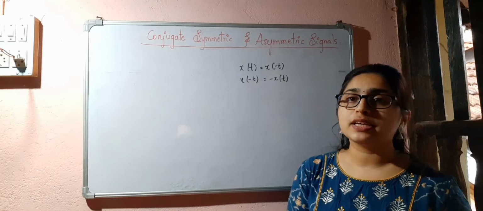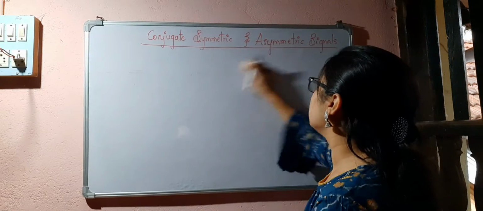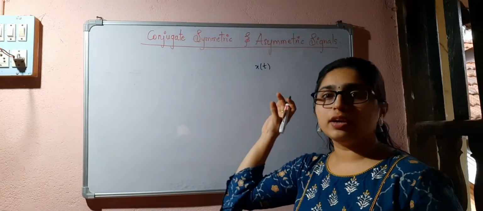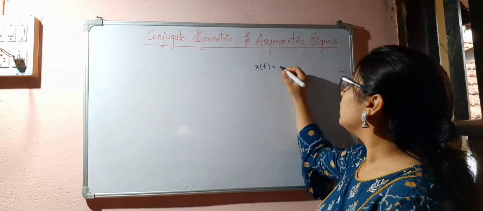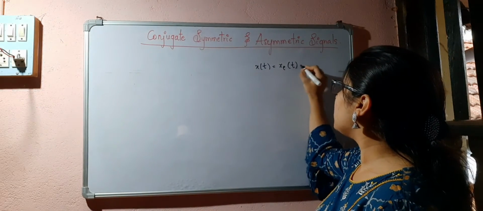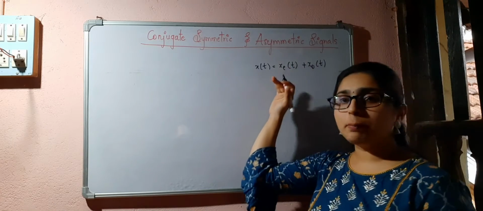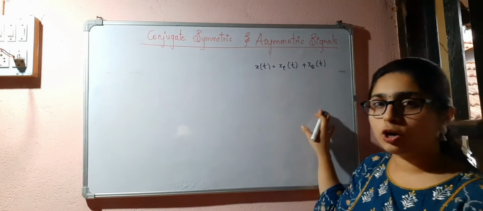Likewise, now we have to see what conjugate symmetric and asymmetric signals are. Similarly, if a signal x of t is a real signal, I can consider two parts of this signal, that is xe of t plus xo of t. Means it has an even part and also an odd part.